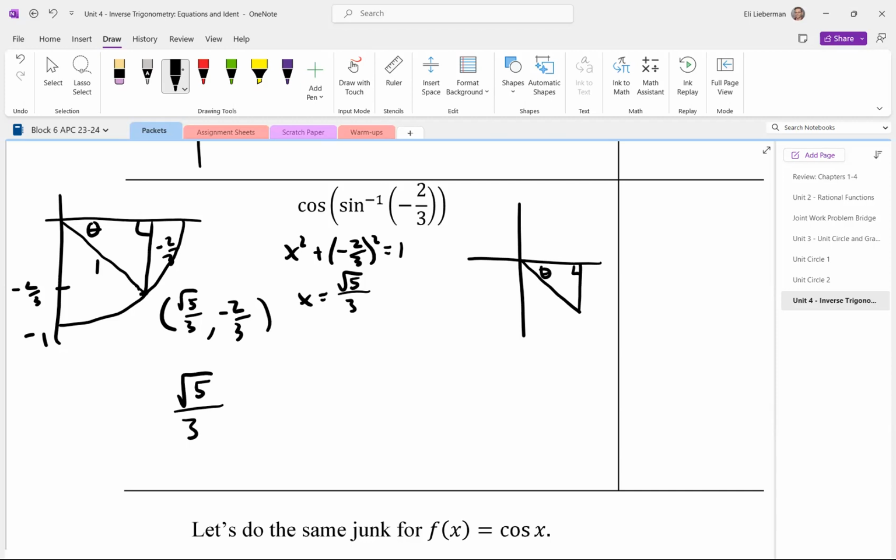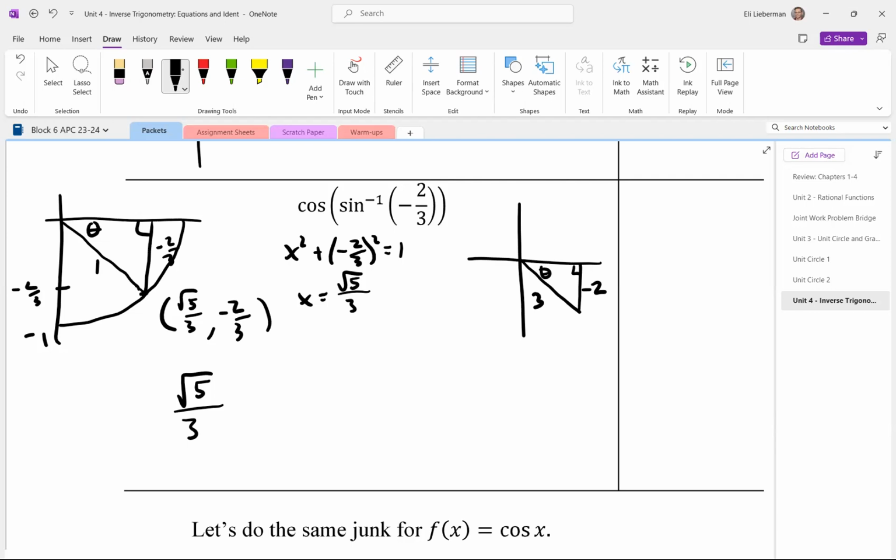I remember what sine means: opposite over hypotenuse. Hypotenuse is never negative, that's why the opposite is going to be -2. And the hypotenuse is 3, right? The sine of theta is equal to -2/3.